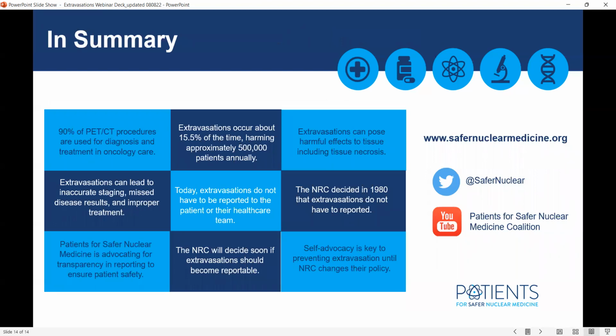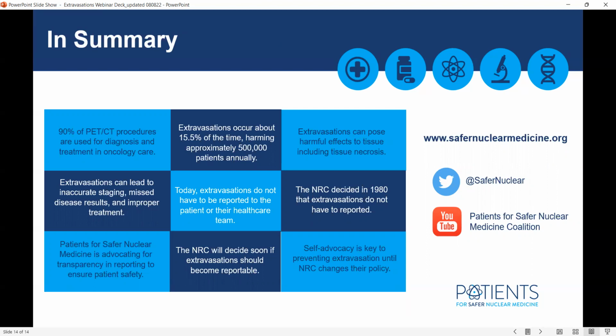So in summary, this is what we discussed today. 90% of PET and CT nuclear medicine procedures are used for diagnosis and treatment in oncology care. It is estimated that extravasations occur about 15% of the time, harming approximately 500,000 patients annually.